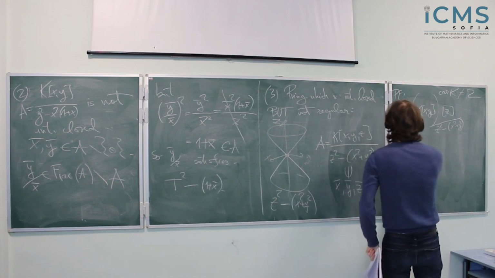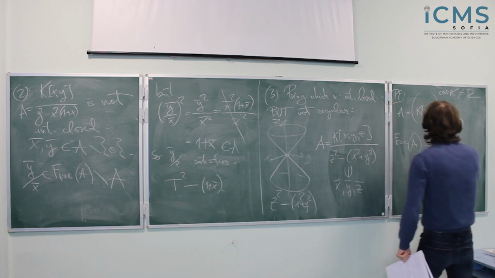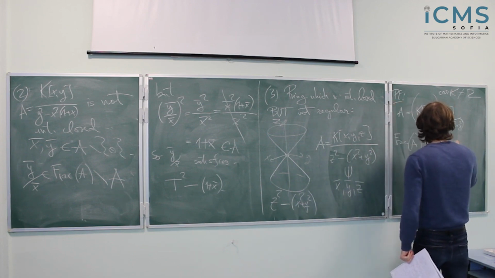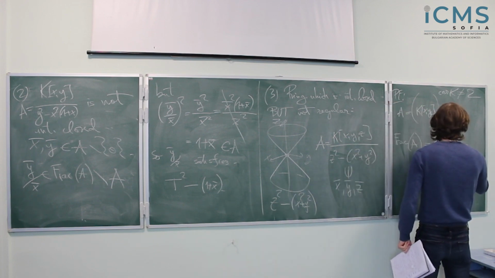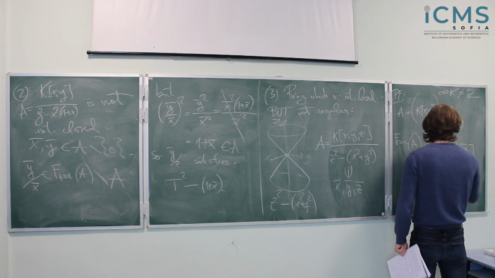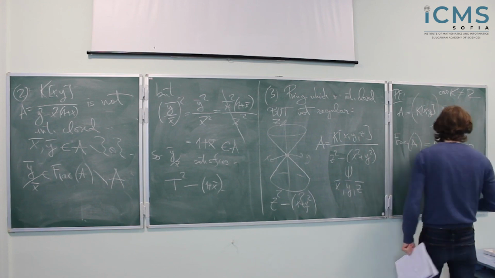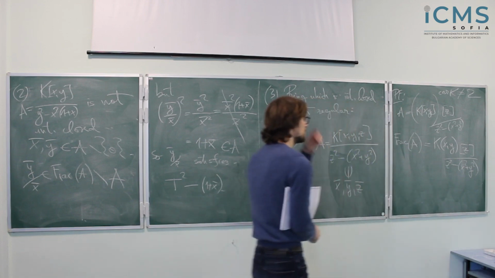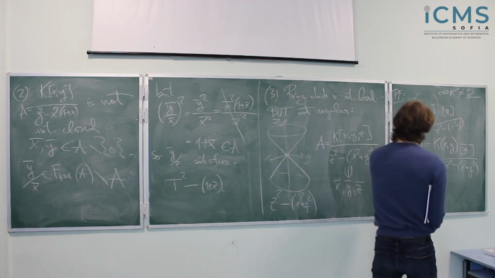Okay, so the fraction field of A, well, you will have k(x, y) inside of it, but also you just need to add the variable z, which satisfies this property here.